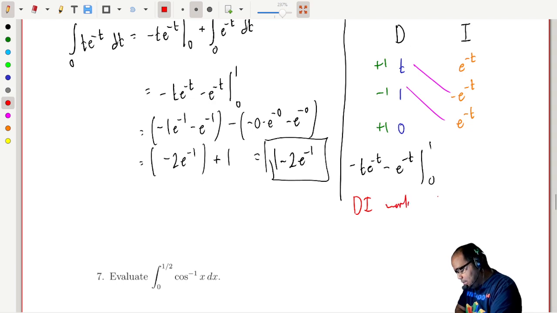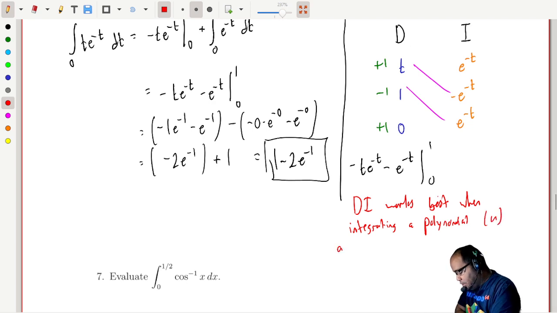DI works best when integrating a polynomial, which you'll choose to be u, against sine, cosine, or exponential.